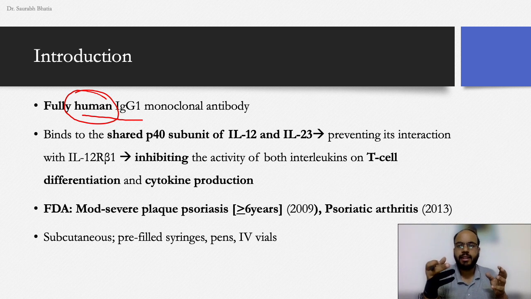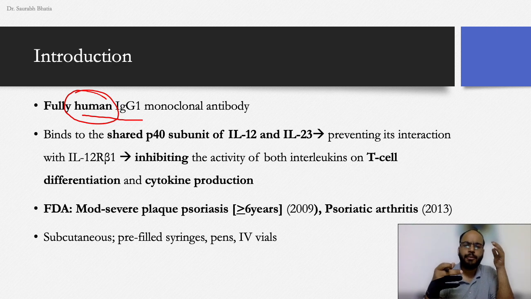Now, what is a human cell line? There are certain cell lines in which you implant genetic material which encodes for Ustekinumab, and as the cell lines divide and proliferate, they produce Ustekinumab. After a lot of processes, purifications and post-translational modification, it is converted into the biological Ustekinumab.